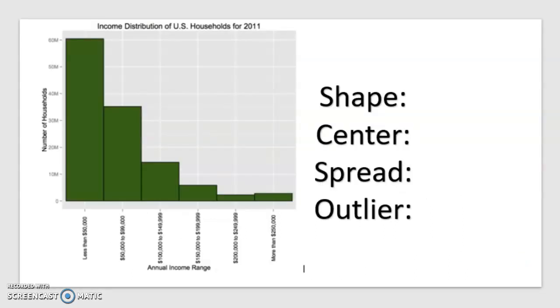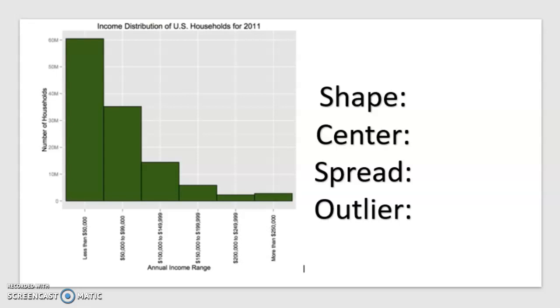Let's practice. We got a histogram here, household income distributions here, 2011. It's kind of hard to see these numbers. Looks like you're going in millions, so this is crazy. But you got your categories down here, less than. That is so hard to read.